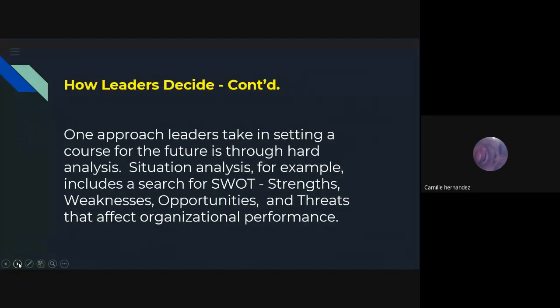All right. One approach leaders take in setting a course for the future is through hard analysis. Situation analysis, for example, includes a search for SWOT, which basically identifies strengths, weaknesses, opportunities, and threats that affect organizational performance.